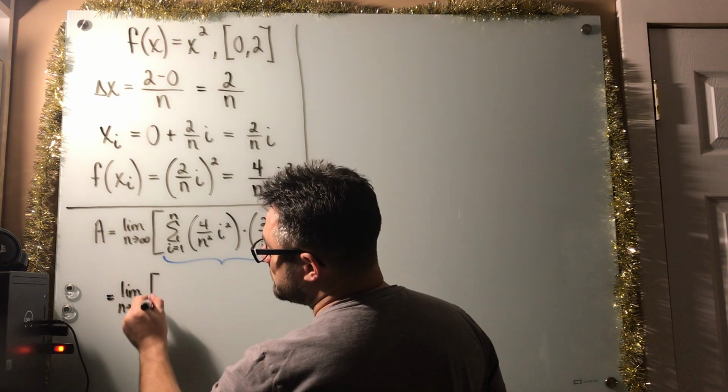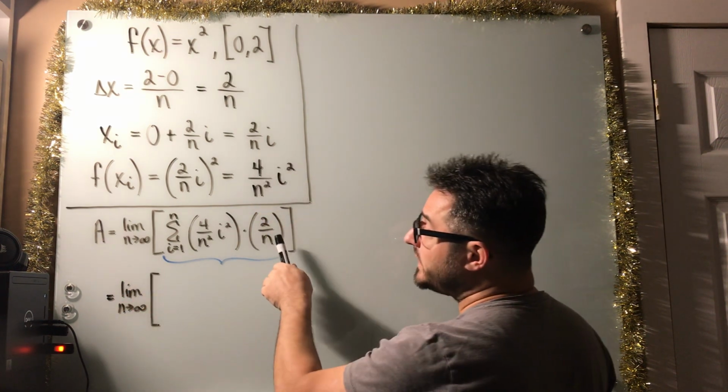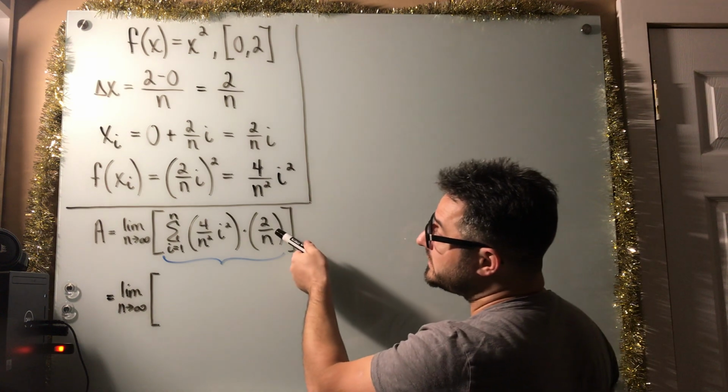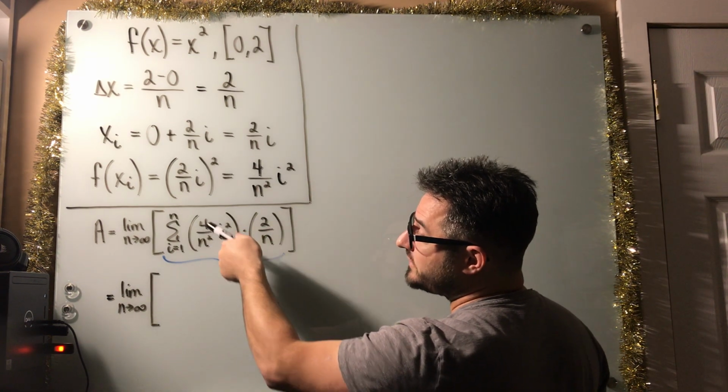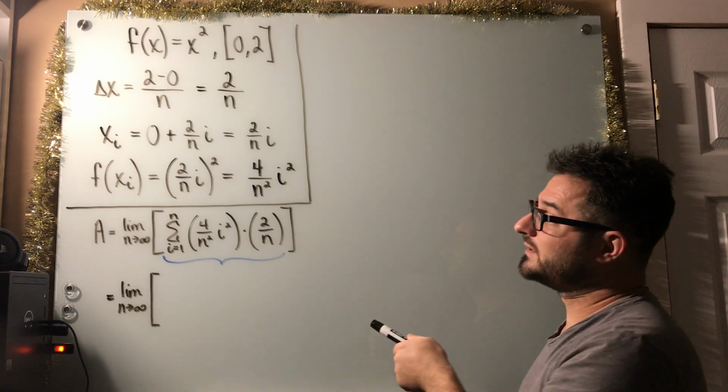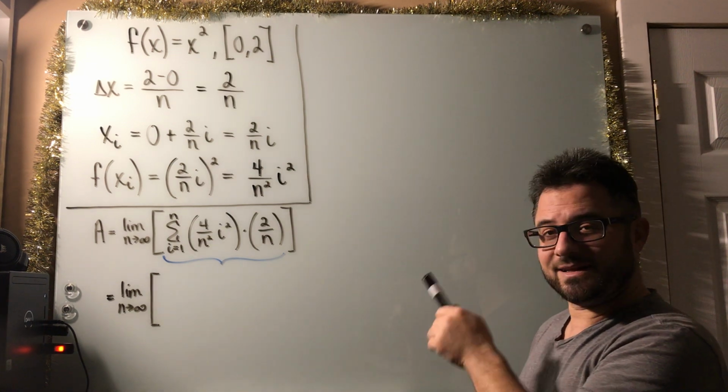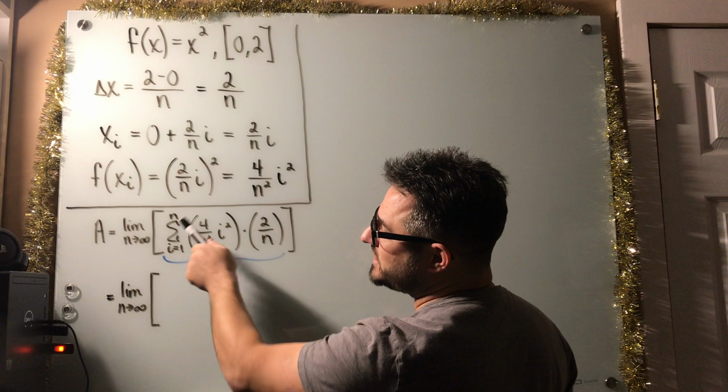So, for now, we can do what we did in the previous times through this. We can take the 2 over n times the 4 over n squared. Because remember, n is a constant in terms of the summation.